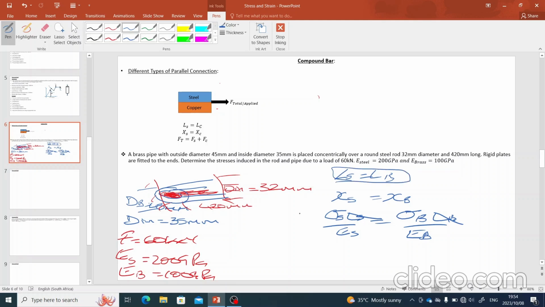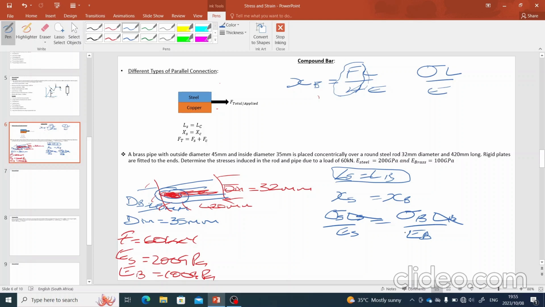It then means, under the change, don't forget how we got that change. We got the change from force L over AE. We said that stress is force over area. Hence we have stress L over E. That's how we got it.